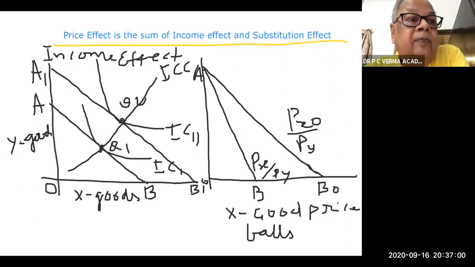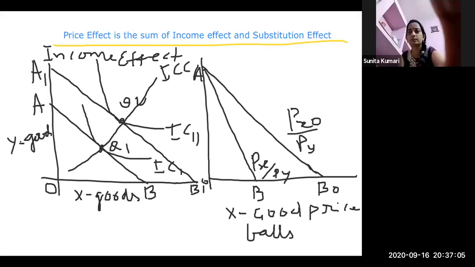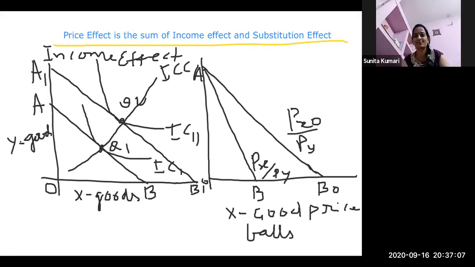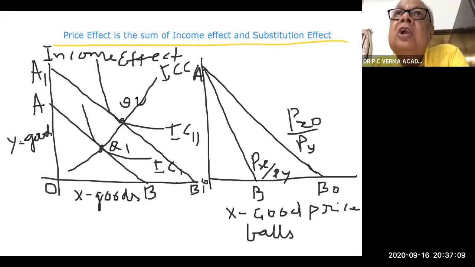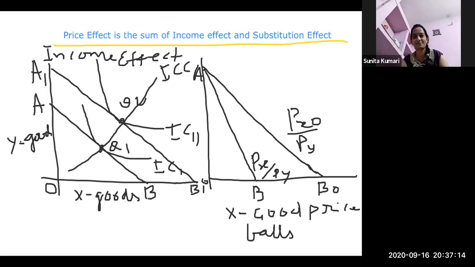One girl joined today, Sunita, with me, for state service commission and NET examination.